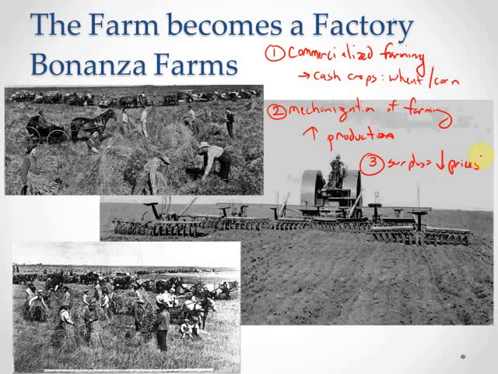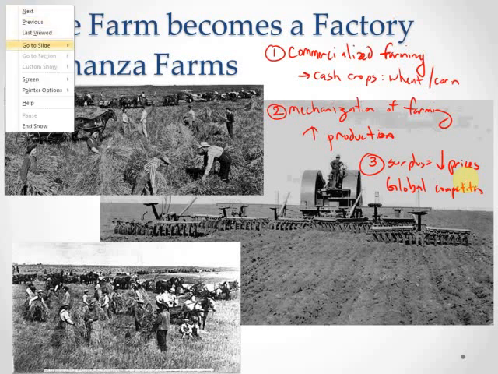Another reason why prices are falling, folks, global competition. It's not just America growing wheat and corn anymore. They're competing with Canada, Russia, Argentina. So they're competing. In fact, here are some numbers.